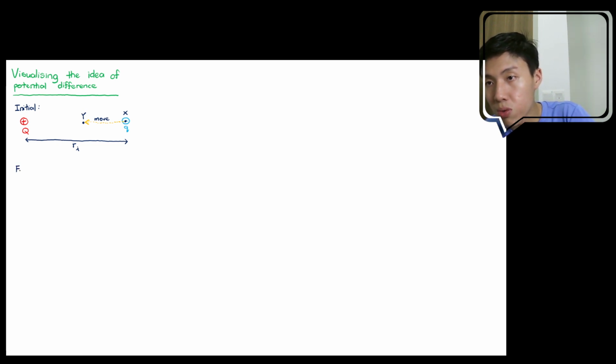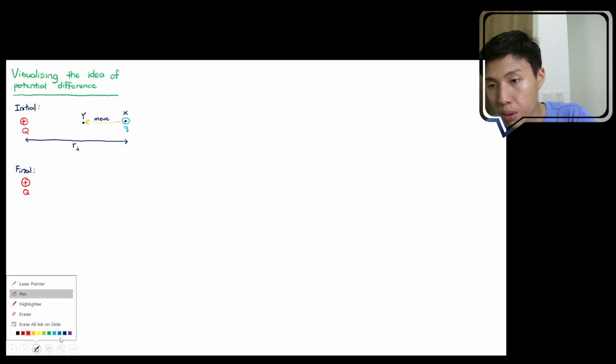The final situation that I'm going to have right now is my positive charge big Q is going to stay at its original position. I'm not doing anything to it. So Q will remain at this position. But right now my negative charge small q is now being moved to a new position over here.